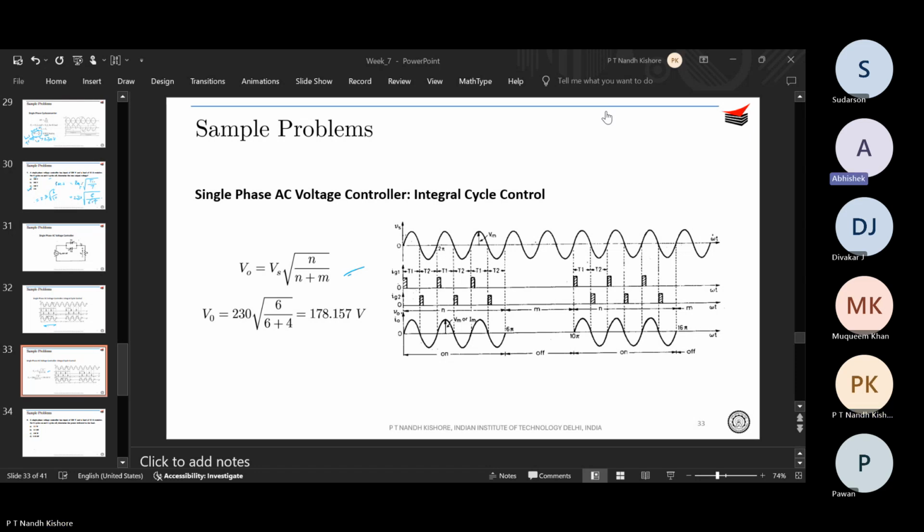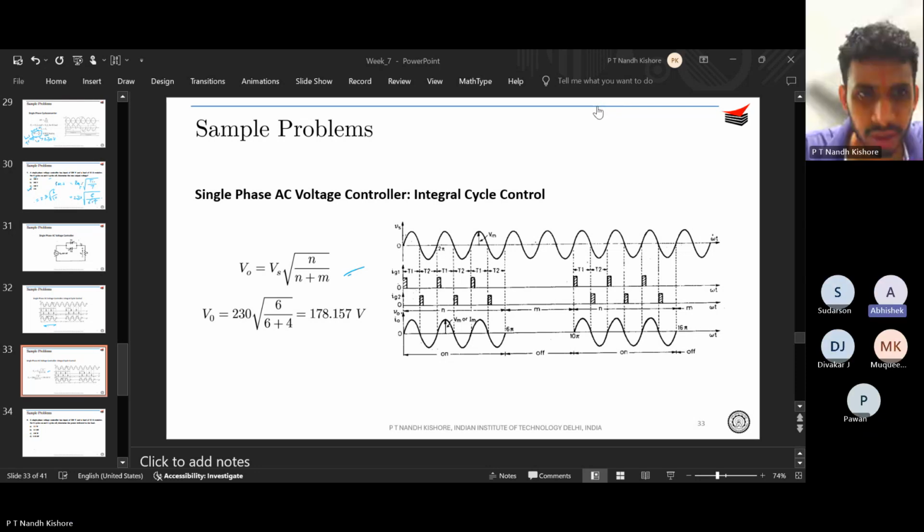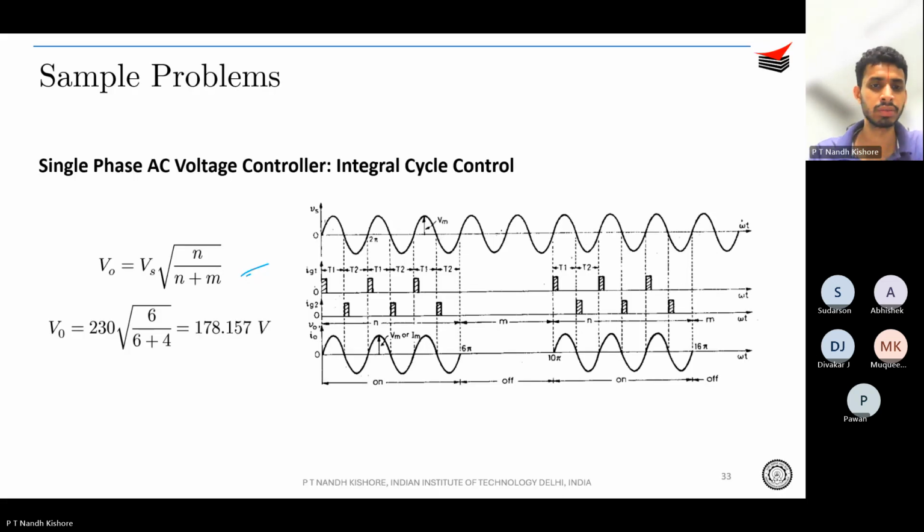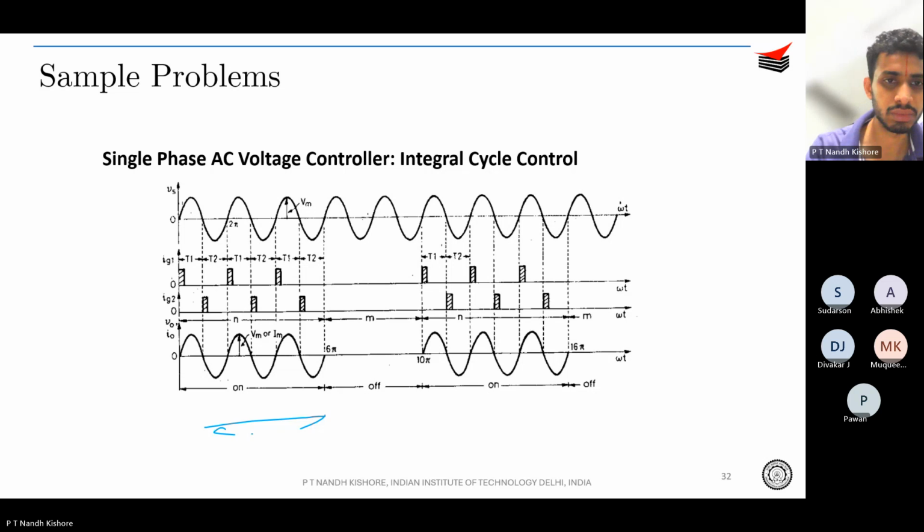So, what would be the frequency of input current in a cycloconverter? Would it be the same as the frequency of output current, or the frequency of input voltage? Okay, from this, can you tell me what would be the frequency of input current?